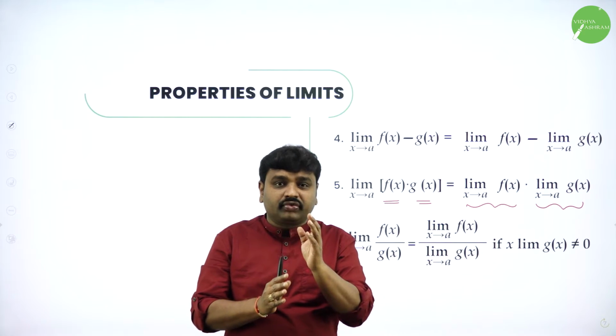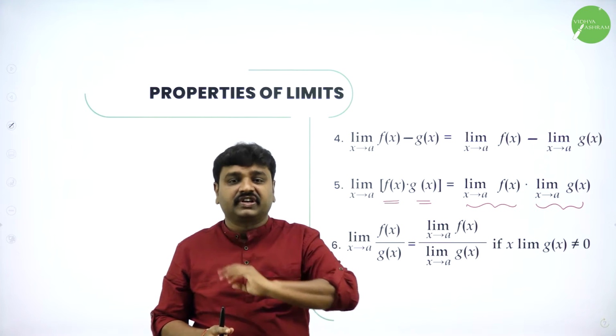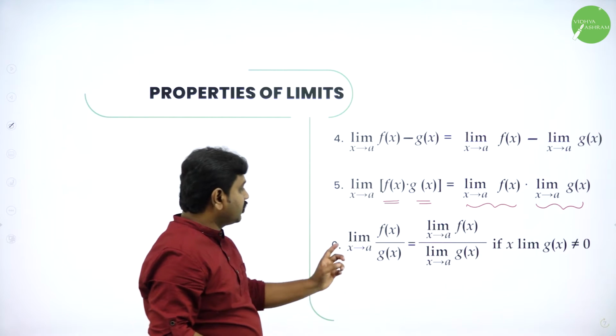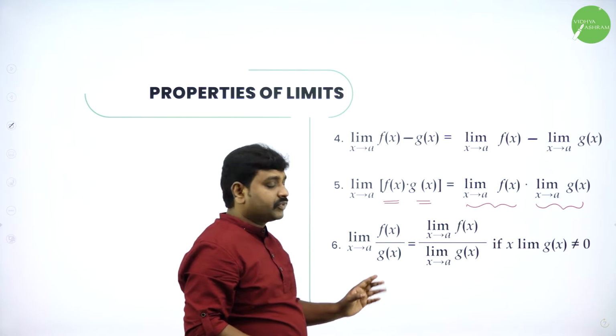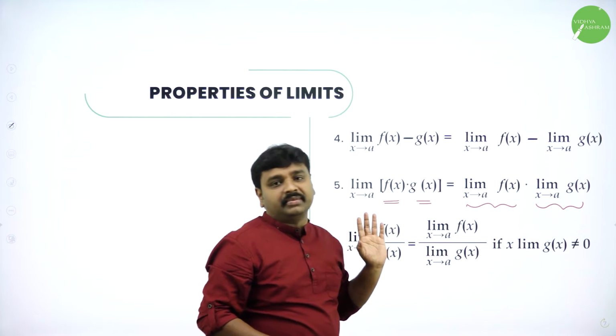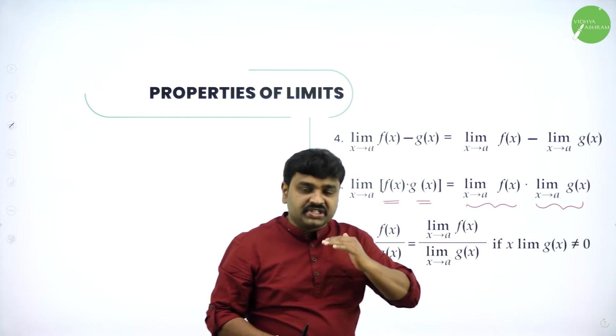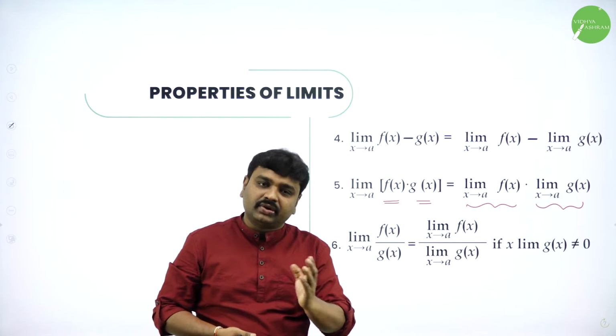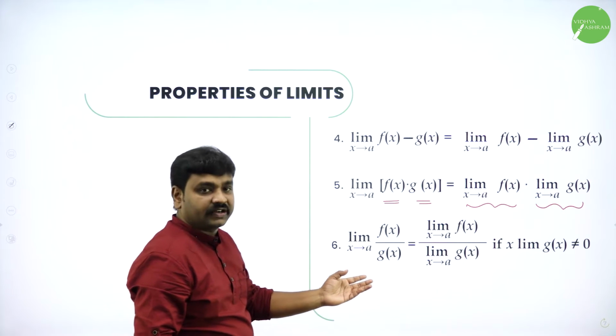And if you have numerator by denominator, f of x by g of x, you can apply the limit separately for the numerator, then separately for the denominator.